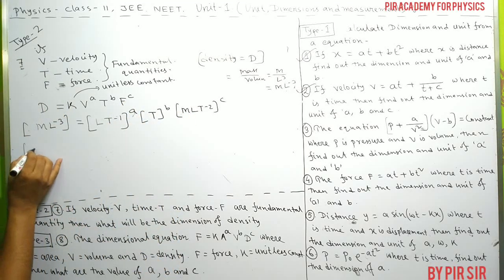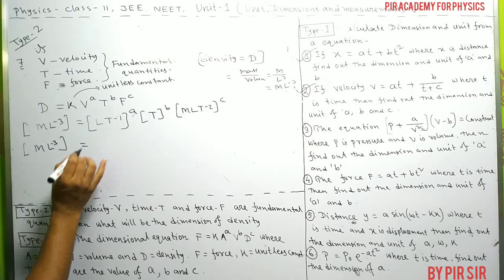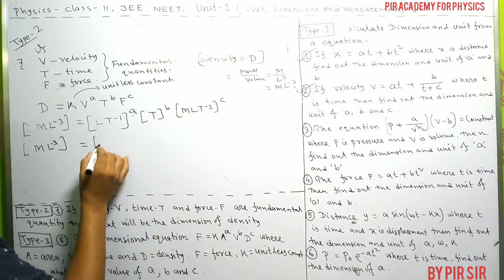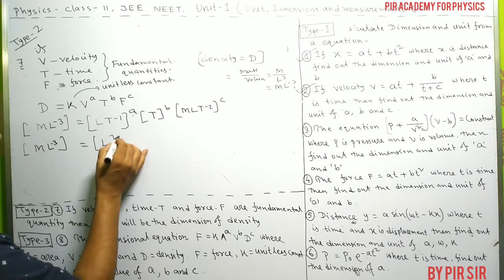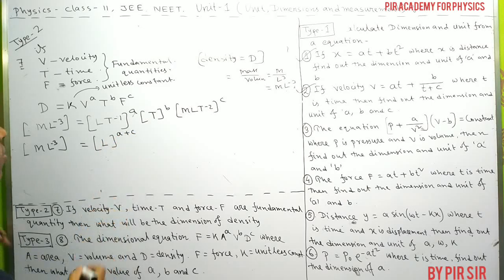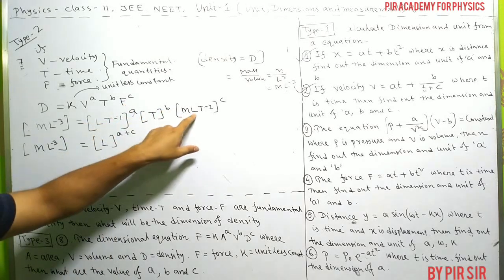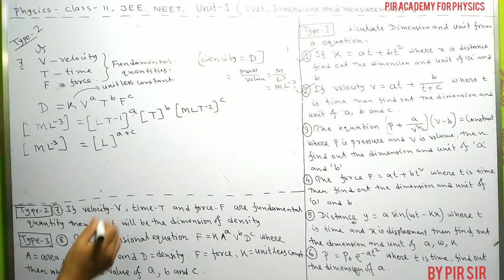And here M L to the power minus 3 equals, here is L and here is L, that means L to the power A plus C, because here is L to the power A and here is L to the power C.